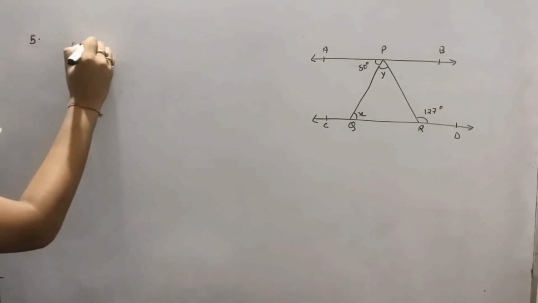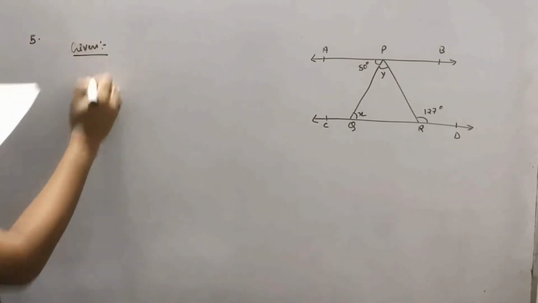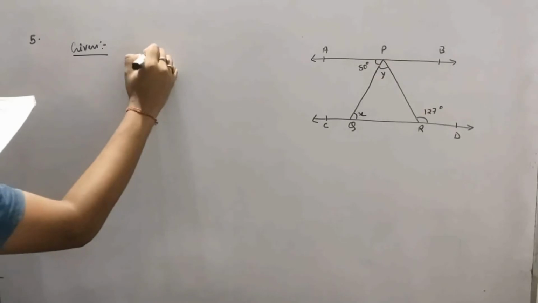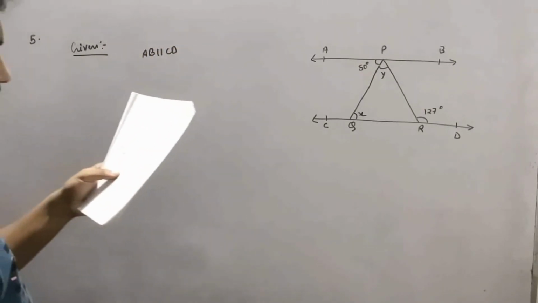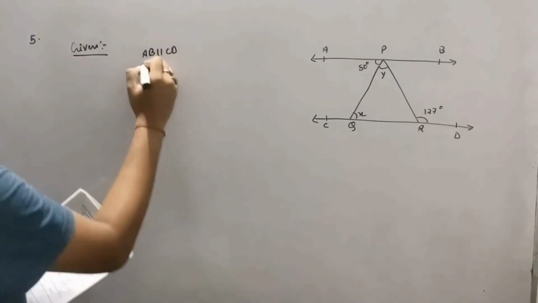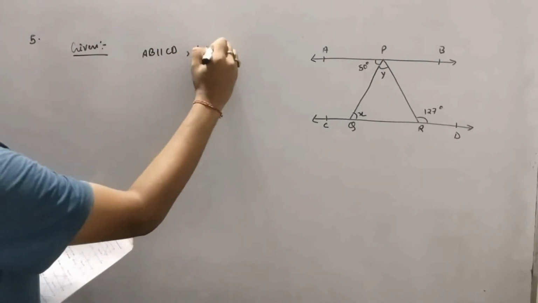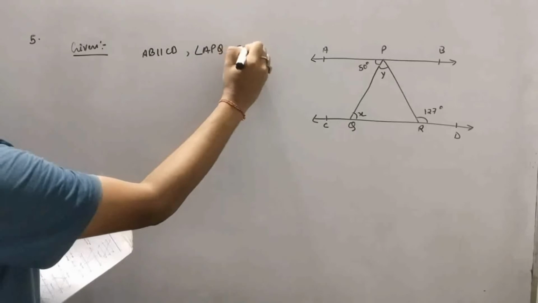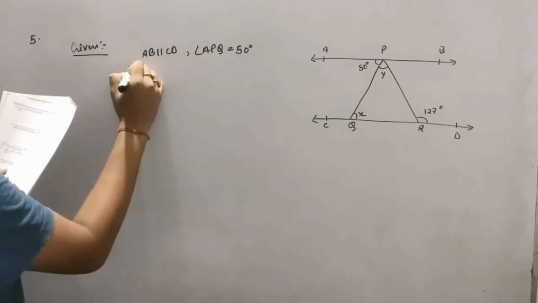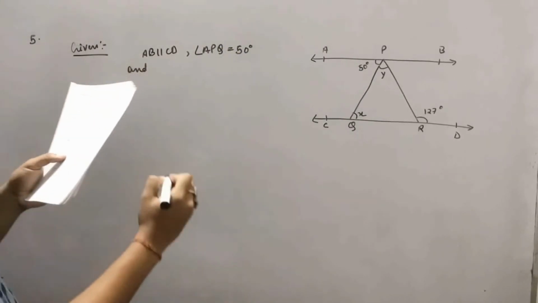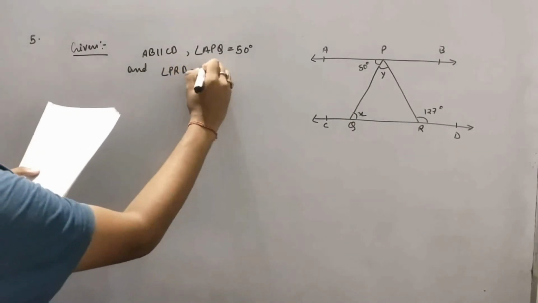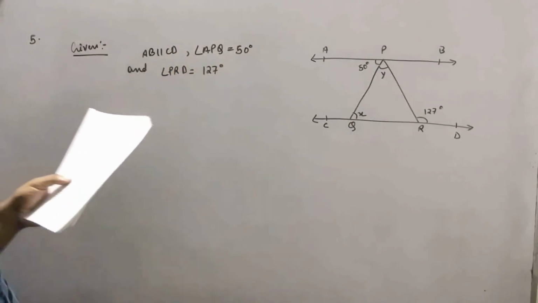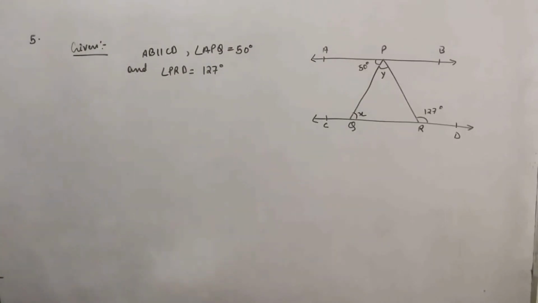Given: AB is parallel to CD, angle APQ is equal to 50 degrees, and angle PRD is equal to 127 degrees. Find X and Y.